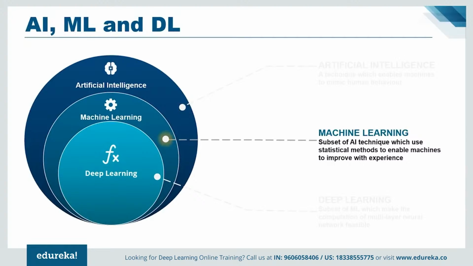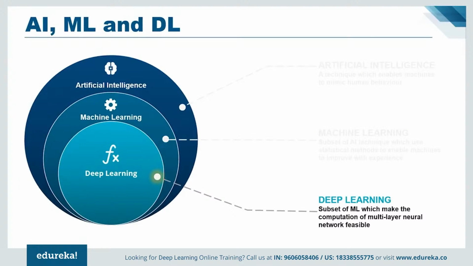Now, machine learning is a subset of artificial intelligence technique which uses statistical methods to enable machines to improve with experience, whereas deep learning is a subset of machine learning which makes the computation of multi-layer neural networks feasible. It uses neural networks to simulate human-like decision making.